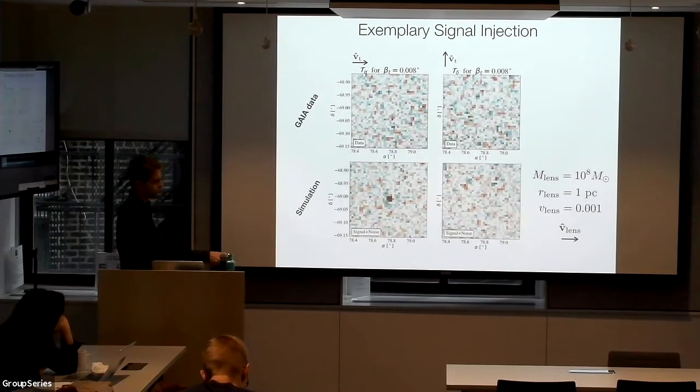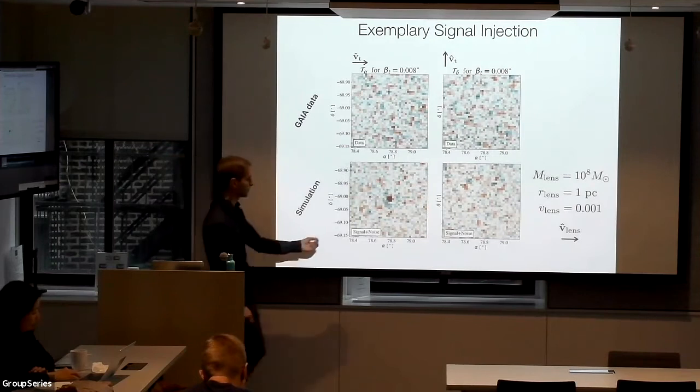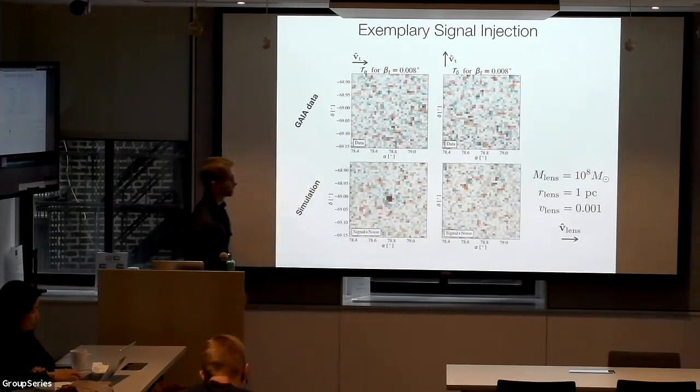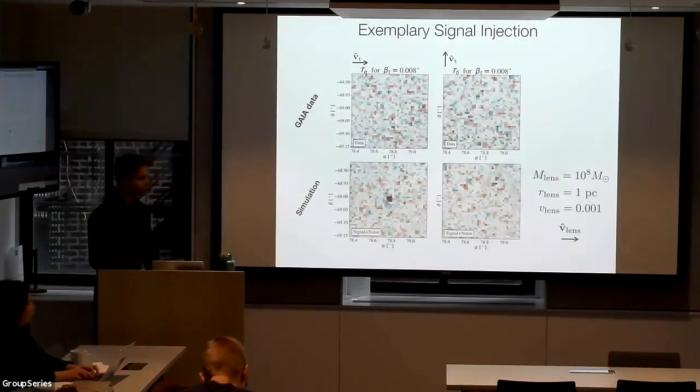But in the simulation, we've injected a lens again with the same parameters, 10 to the 8 solar masses and 1 parsec, moving at 10 to the minus 3 the speed of light to the right, and our test statistic picked it up perfectly here, and in the orthogonal component there's no signal.